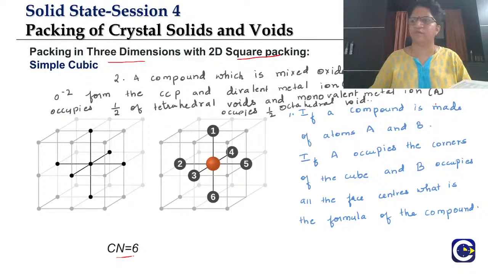What's the formula of the compound? Do these two questions.